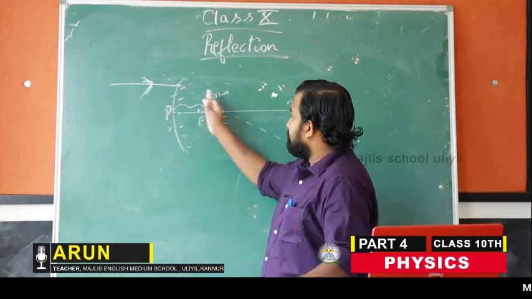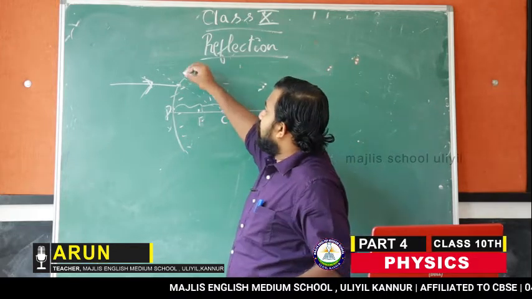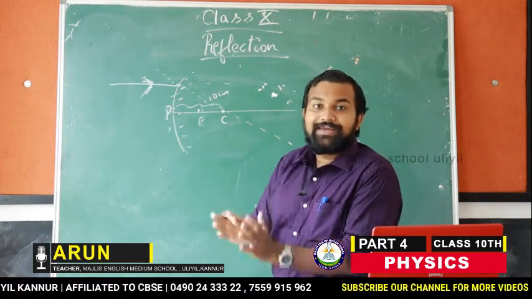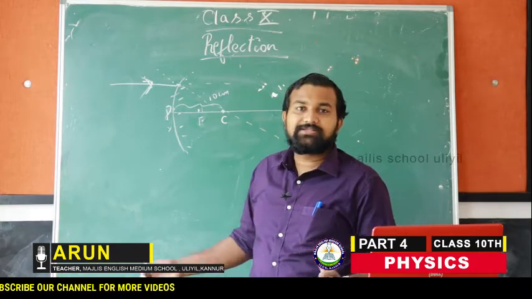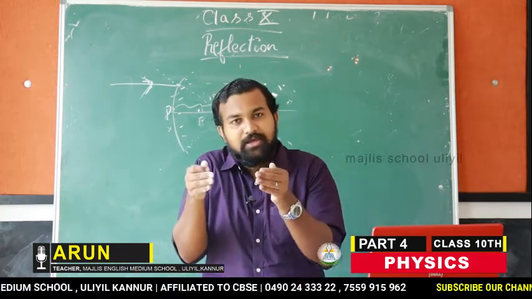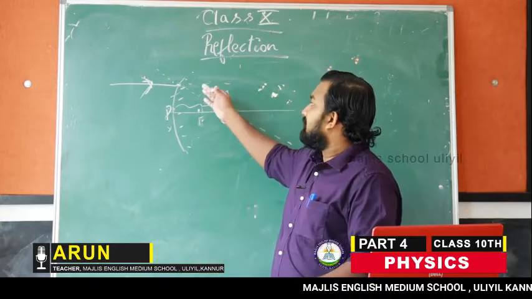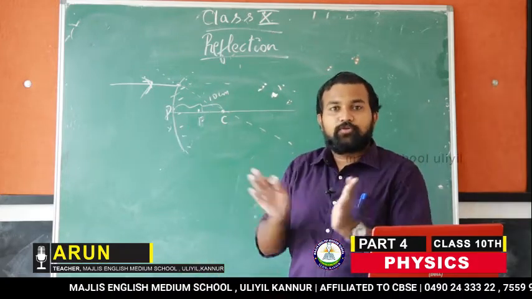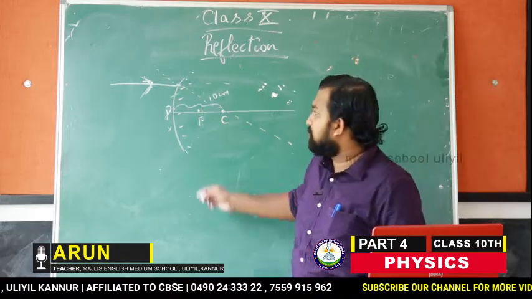Okay, the normal will pass through the center of curvature. I have told you in the beginning, convex mirrors are diverging mirrors, concave mirrors are converging mirrors. So the reflecting rays will be coming together in the case of what? Concave mirrors. The reflecting rays will be scattered away or moving away from the mirror in the case of convex mirror.